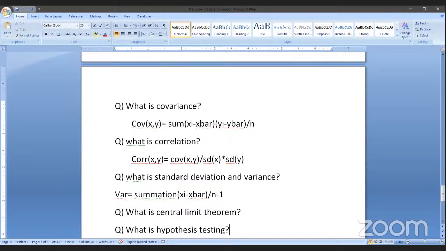So it is a form of statistical inference that uses data from the sample to draw conclusion about a population's parameter or a population's distribution.